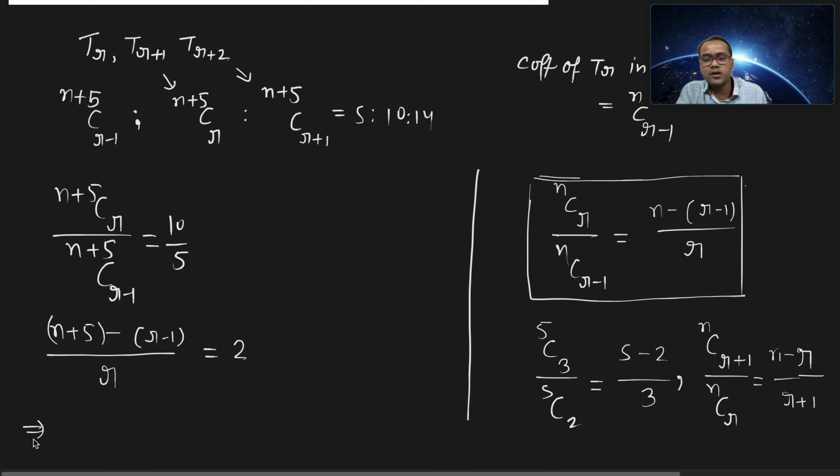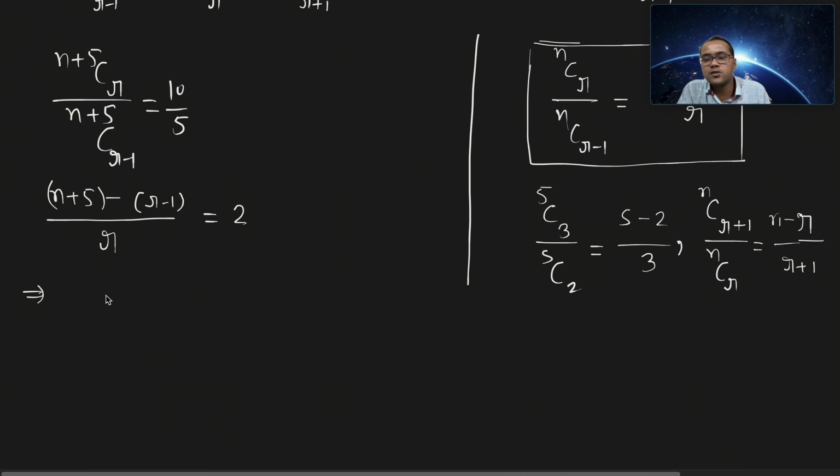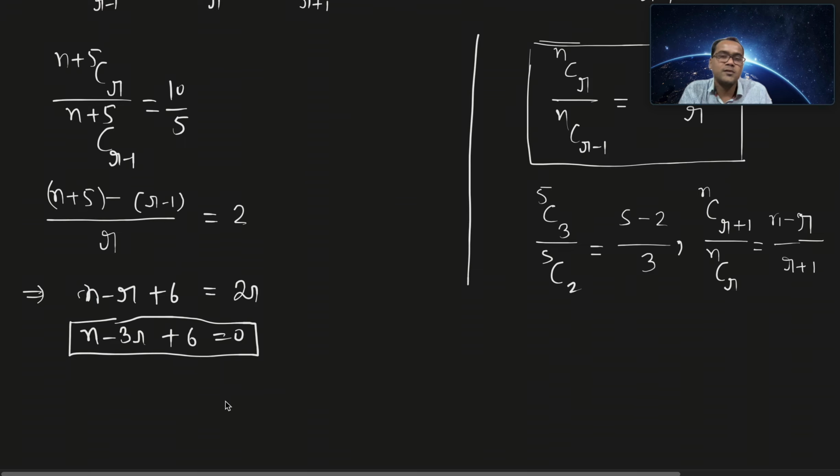So from here we would be getting one equation in n and r. This is n - r + 5 + 1, so + 6, is equal to 2r. So we are getting n - 3r + 6 = 0. That is our first equation in n and r.